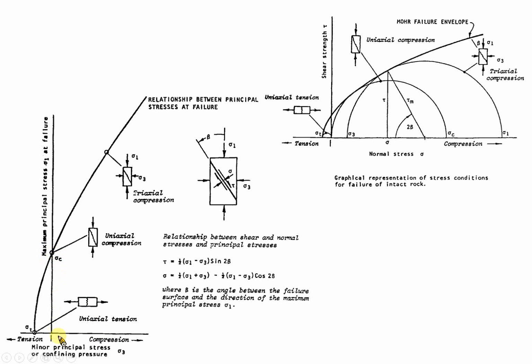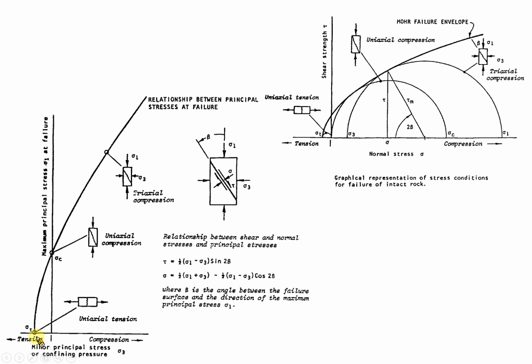This point will be sigma 3 equals 0, and this will be the peak sigma 1. Then what will be this? This will be the uniaxial compression strength.